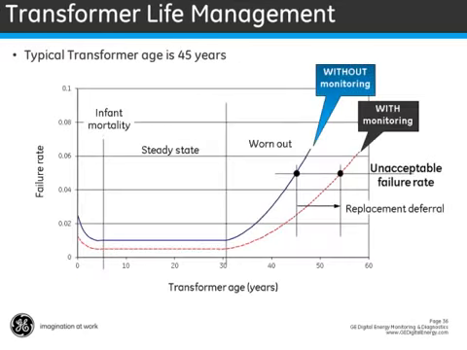Okay, so I mentioned we would take a look later at the bathtub curve. So now let's look at the impact that monitoring can have on the shape of that curve.